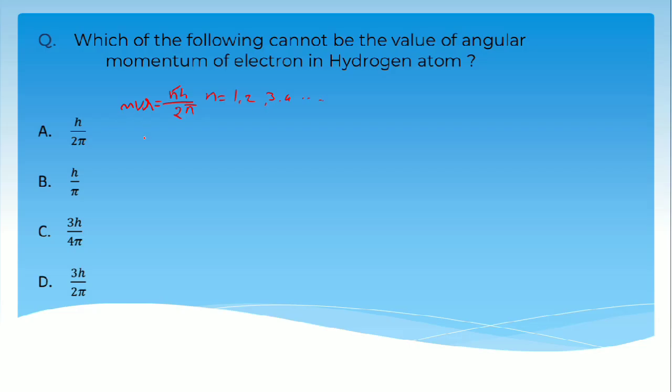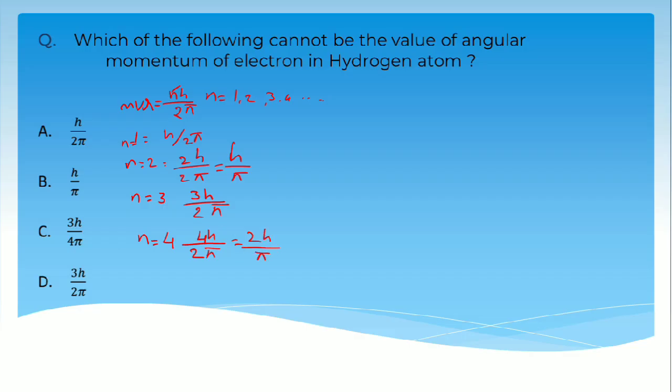So this means the allowed values of angular momentum are: for n equals 1, h by 2 pi; for n equals 2, 2h by 2 pi, that means h by pi; for n equals 3, 3h by 2 pi; for n equals 4, 4h by 2 pi, or 2h by pi.